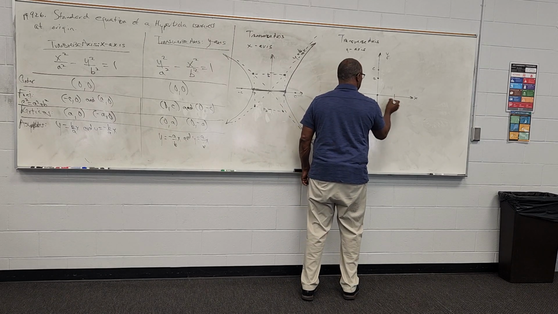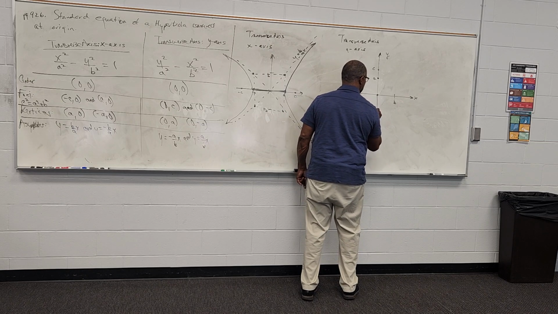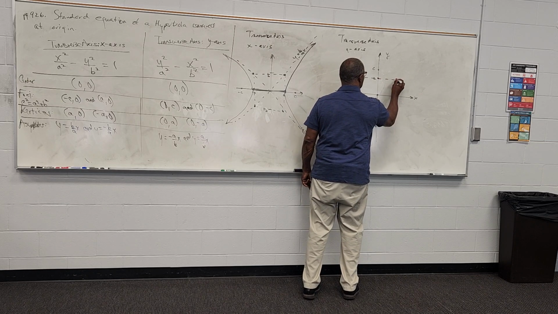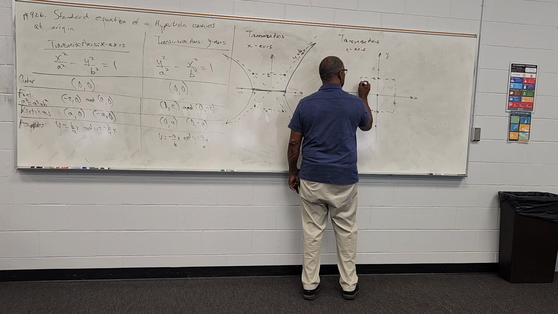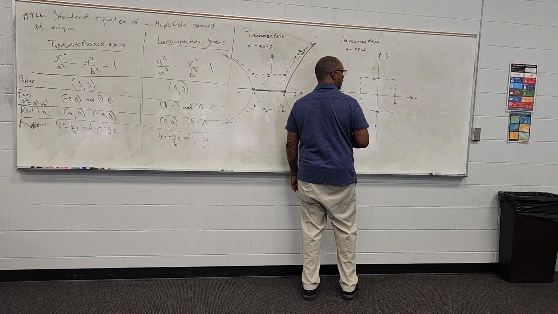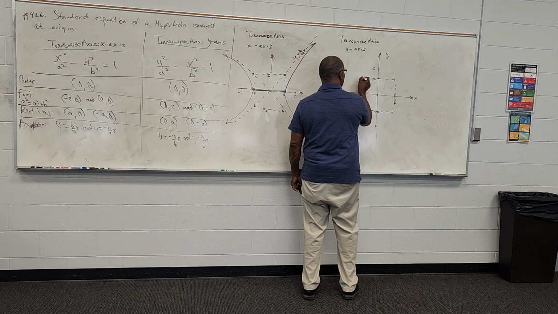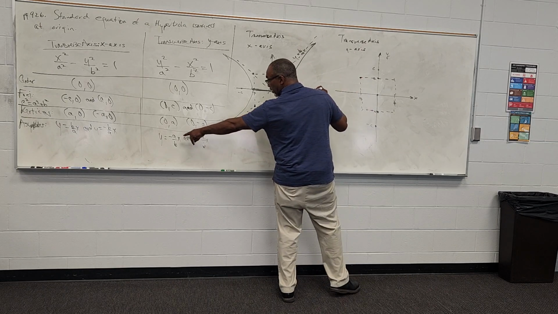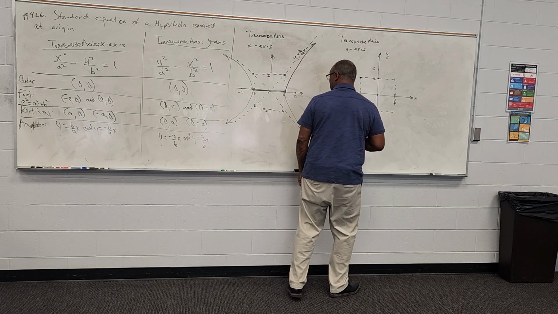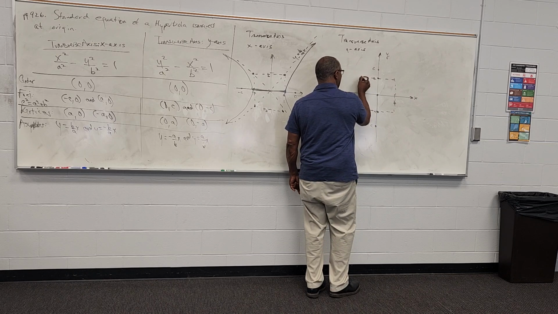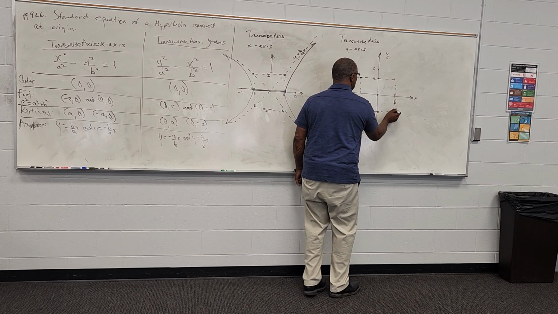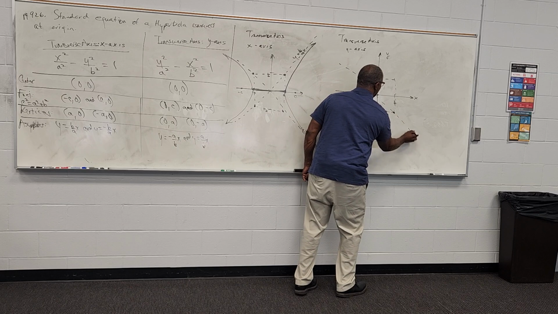And again, a and b are going to be used to form that box. Okay? a and b are going to be used to form the box. And again, as far as these asymptotes, negative a over b x and positive a over b x, you really don't have to worry about those. Form the box and get the corners of the box. That will be one of the asymptotes.